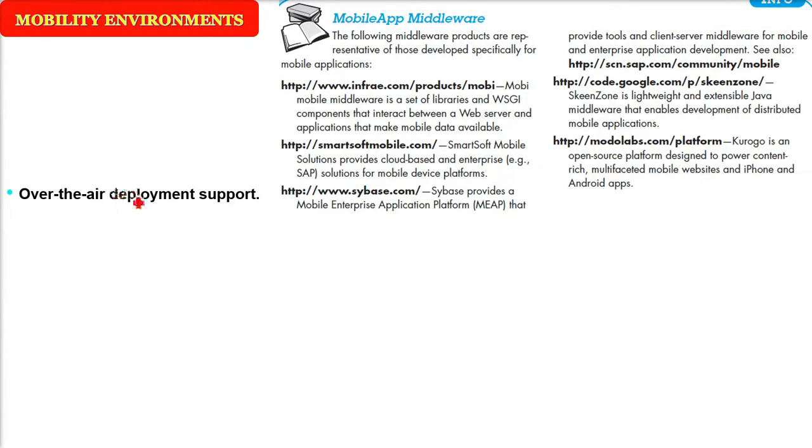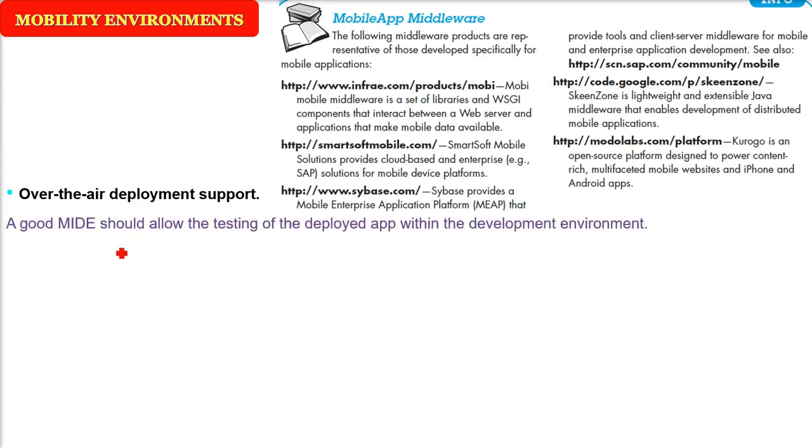What does it mean? A better MIDE will allow testing of the deployed app within the development environment. You don't need various devices to test on; in the development environment only you are able to deploy and then check.